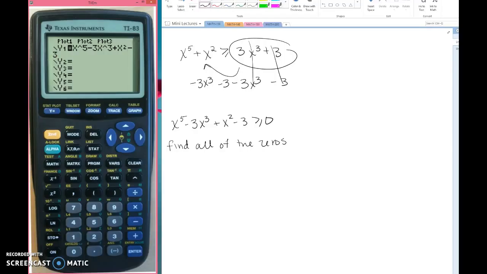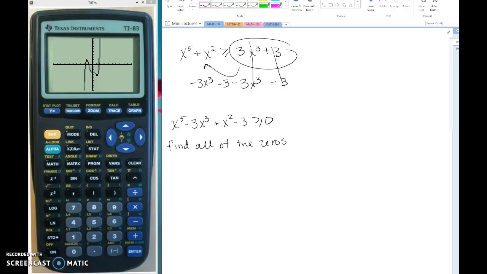Okay, so we're going to graph it, and what we're looking for here is where it crosses the x-axis. We can see 3 places, here, here, and here, where it crosses the x-axis. It looks like -2, -1, and 2. I don't know if those will actually be exact.